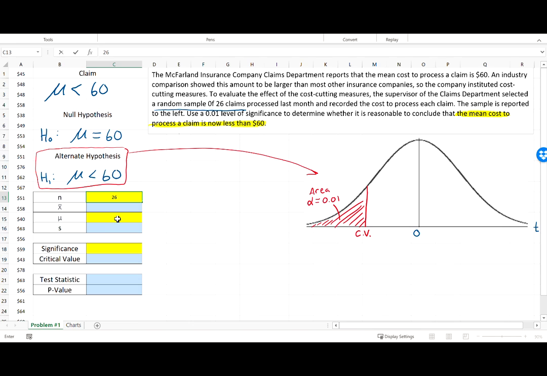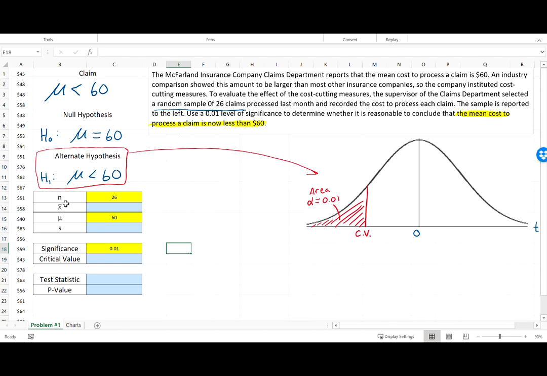We're testing the claim that the mean is less than 60, and our null hypothesis is saying that the mean of all claims is $60. So the assumed value of mu is 60. And the level of significance given in the problem is 0.01.